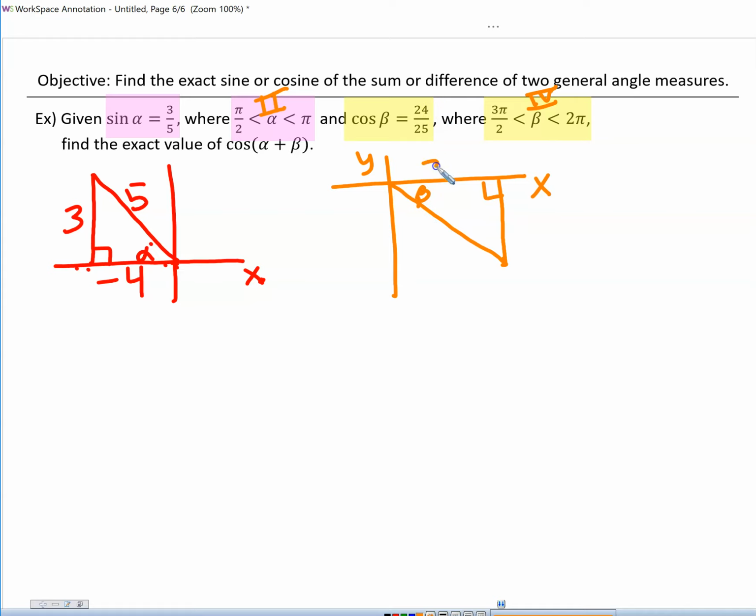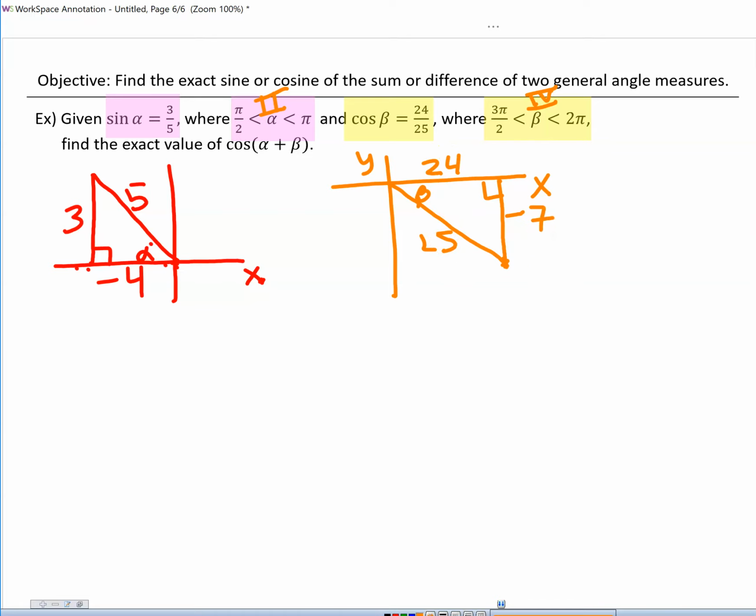So 24 would be my adjacent side, which is x. 25 would be my r radius, which has to be my hypotenuse. So again, if I know my Pythagorean triples, that's great. I can go ahead and do that. But I also have to realize that in the fourth quadrant, this side, which represents y, will be a negative value. So it's a 7, 24, 25 triangle. So this will have to be a negative 7.